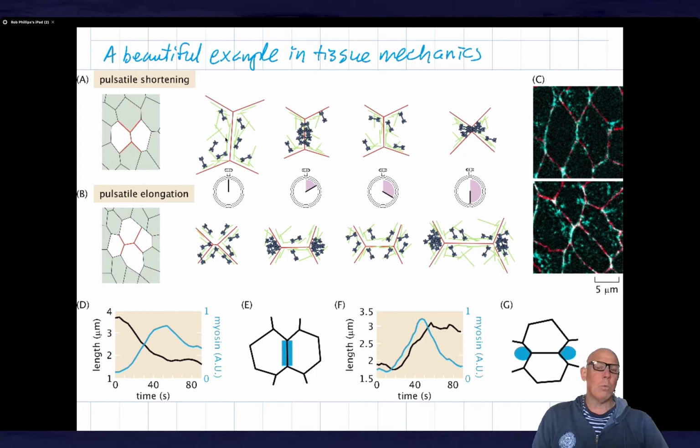That's what's shown here, length in the lower left, as a function of time, and the blue is the amount of myosin in the vicinity of this junction as shown in this figure. That's the kind of thing that we want to try to understand.